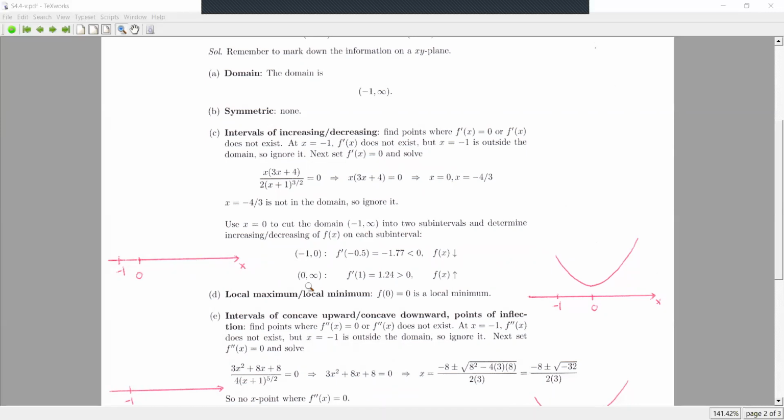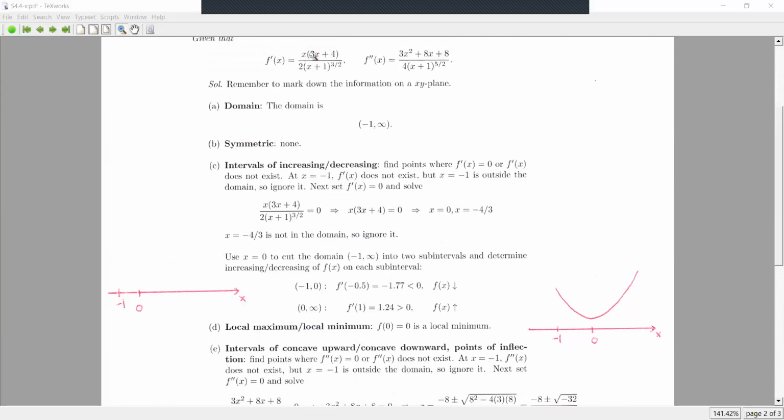Remember, consider the derivative. If the derivative is greater than 0, increasing, less than 0, decreasing. In this interval, I arbitrarily pick a point, say negative 0.5, and plug negative 0.5 into the derivative. Then I get negative 1.77, less than 0.